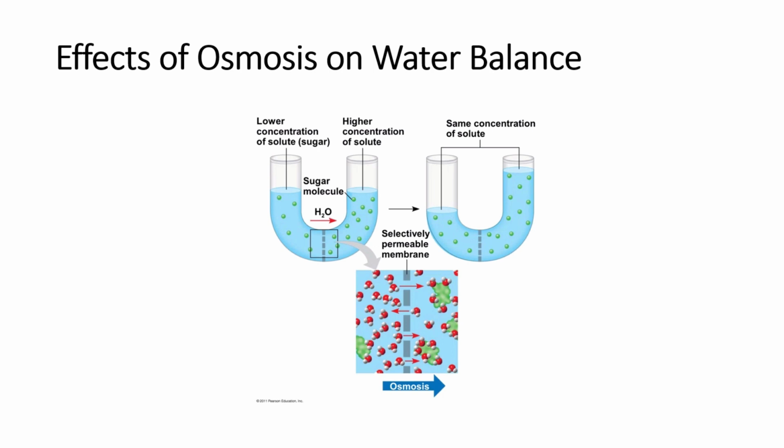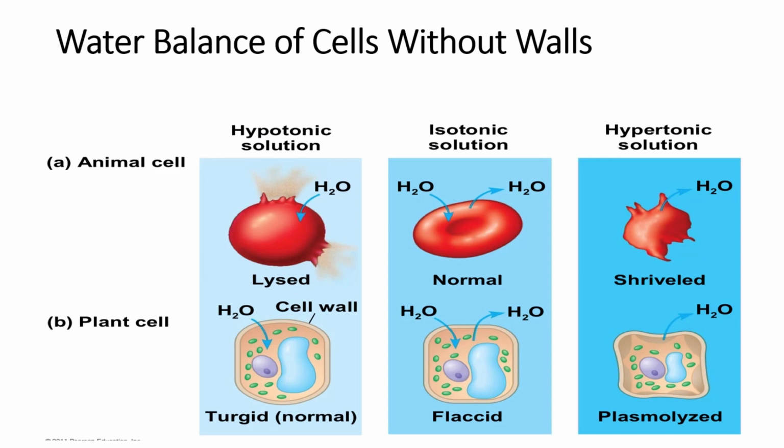Now we go over here. Let's talk about water balance in a cell, and they use the example of a red blood cell. Tonicity.